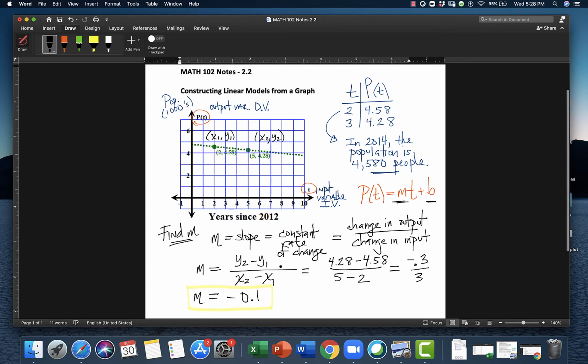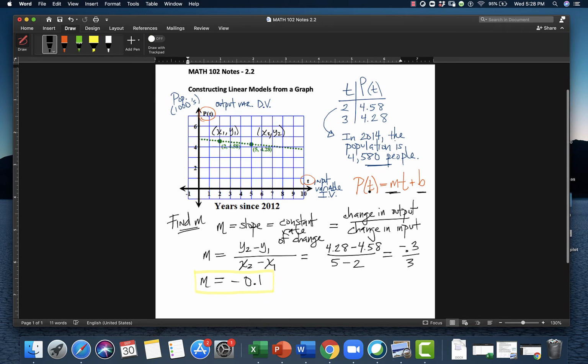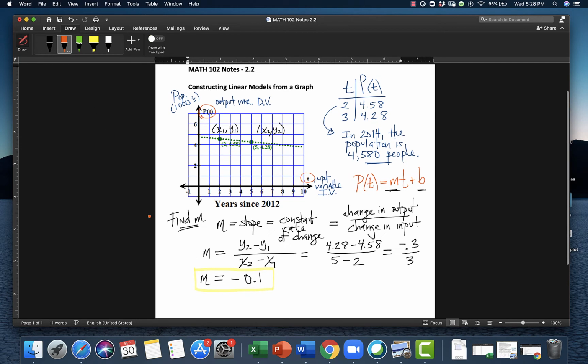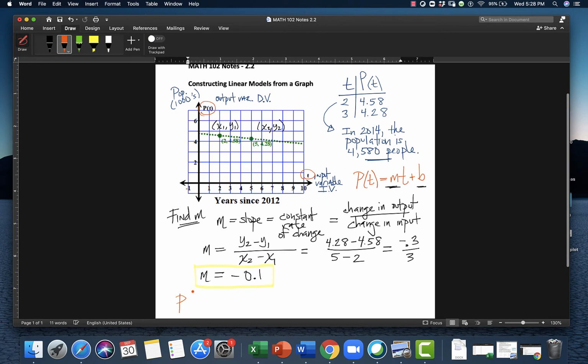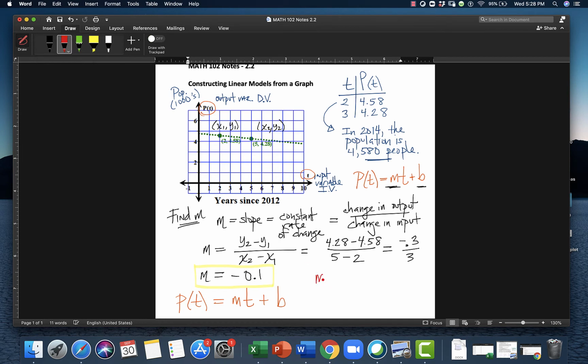So we have m. The next step in the process is we're going to now find b. To find b, we're going to use the equation that we're provided here. So let's go back to the model. The model is p of t is equal to m times t plus b. We already know a couple of things. We know the value of m. We know that m is equal to negative 0.1. And we can use one of these points for values for t and p of t.